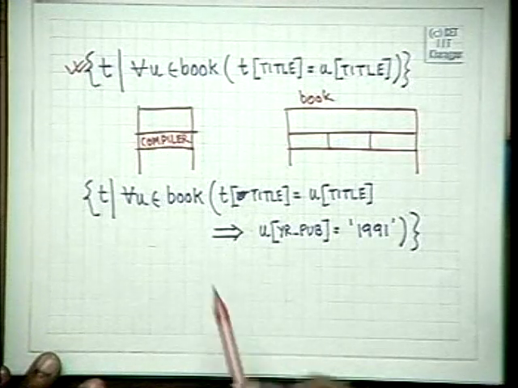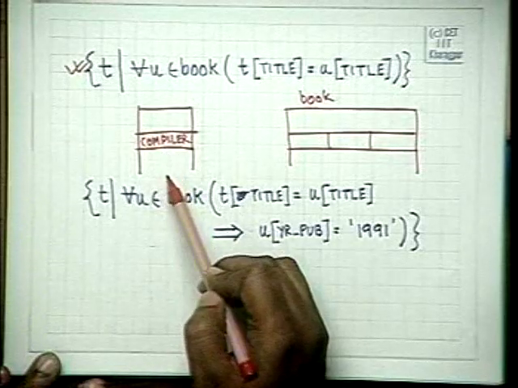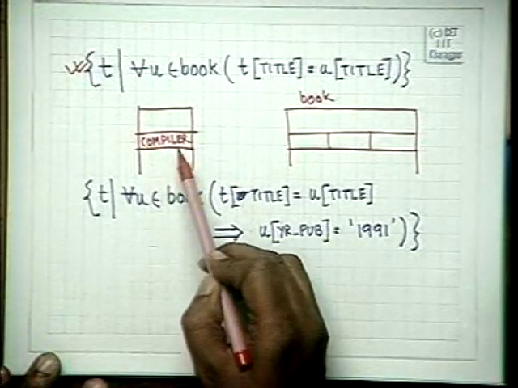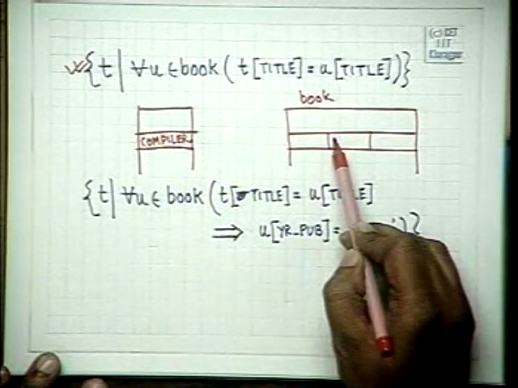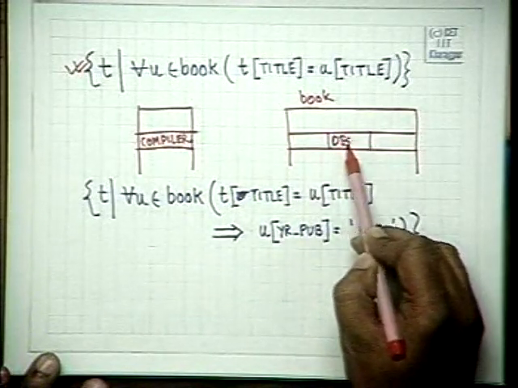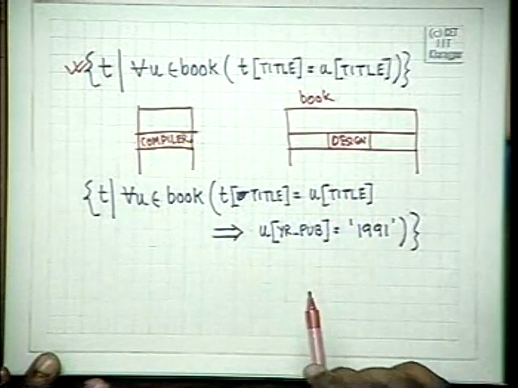Now you can have many titles in the desired resultant relation. Now suppose compiler is there. Here if a book is there with title design, it trivially satisfies the implies relation.